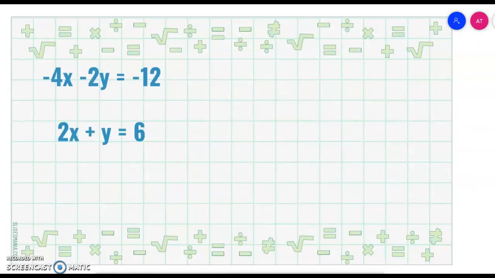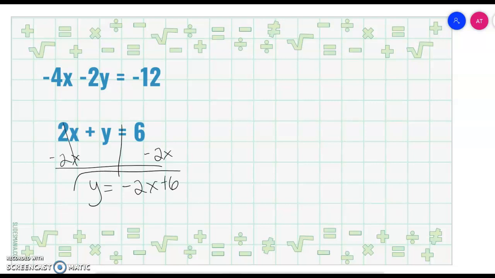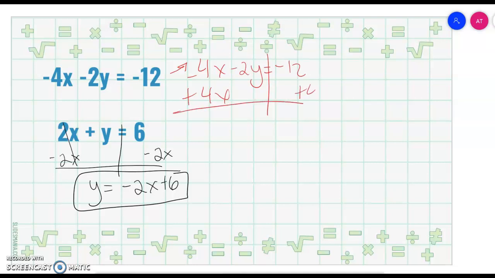Alright, so I'm going to try it the other way. I'm going to get these both in the y equals mx plus b form. So I'm going to subtract 2x first. So I have y equals negative 2x plus 6 for my bottom equation. And for my top one, I'm going to get rid of my x by adding it to both sides. Remember, x and negative 12 can't be combined because 12 does not have an x.